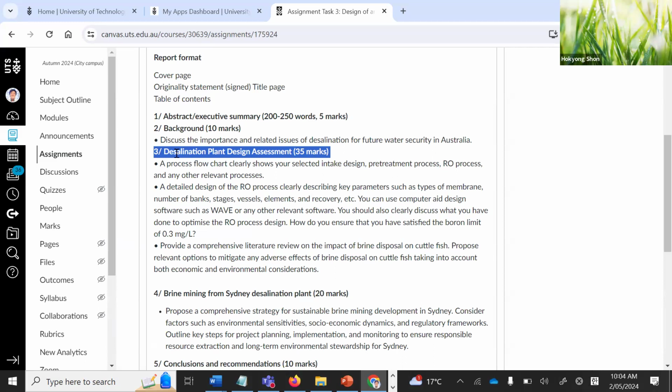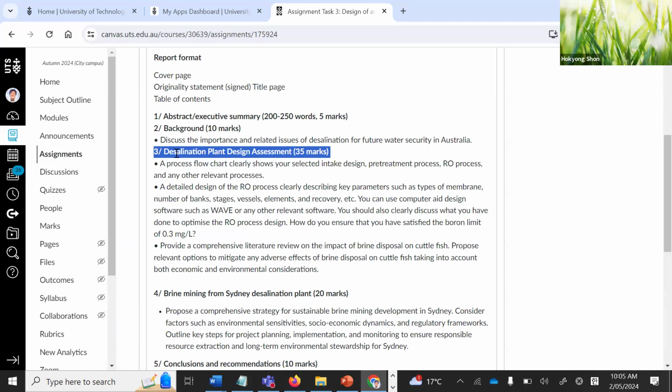So intake design, pre-treatment, like ultrafiltration pre-treatment. Adelaide has a different way of pre-treatment, or media filter preparation, you want to design. So you need to select pre-treatment and arrow, reverse osmosis.